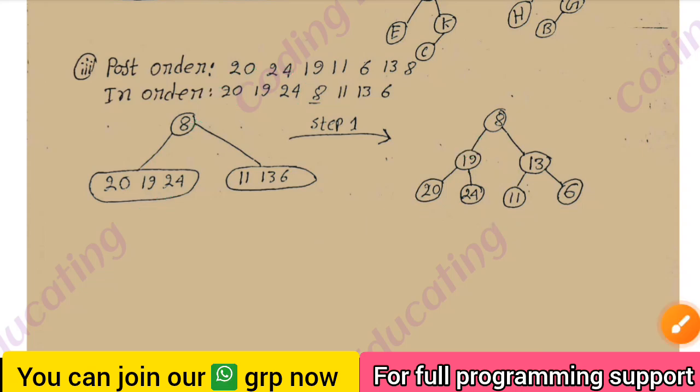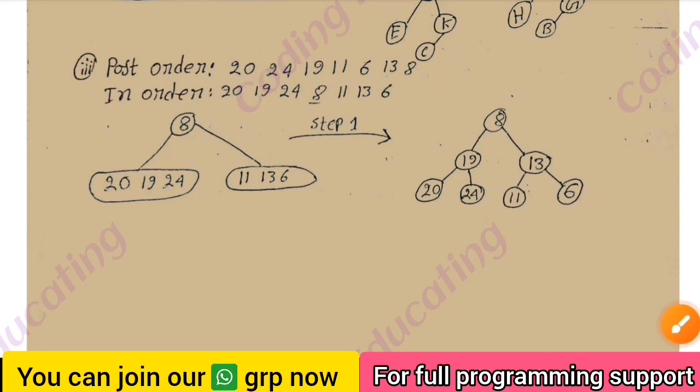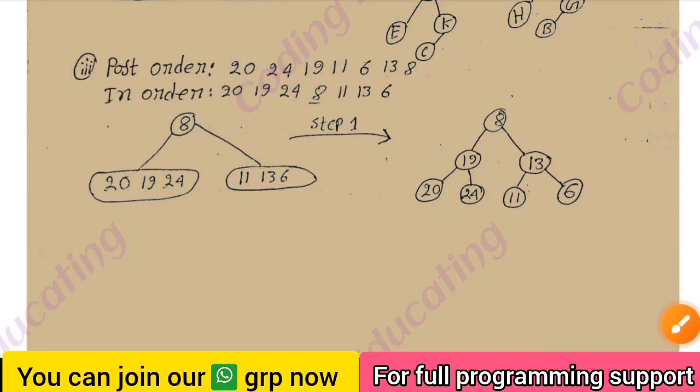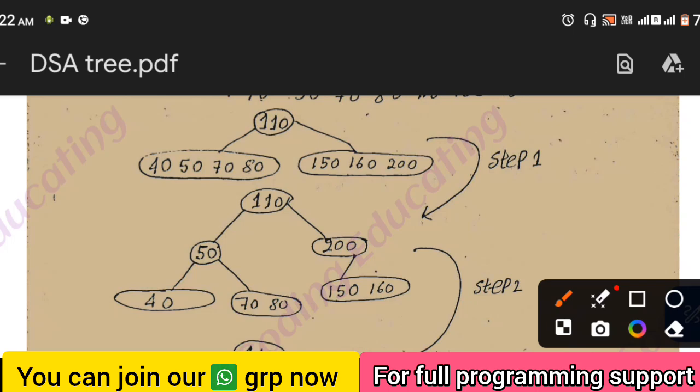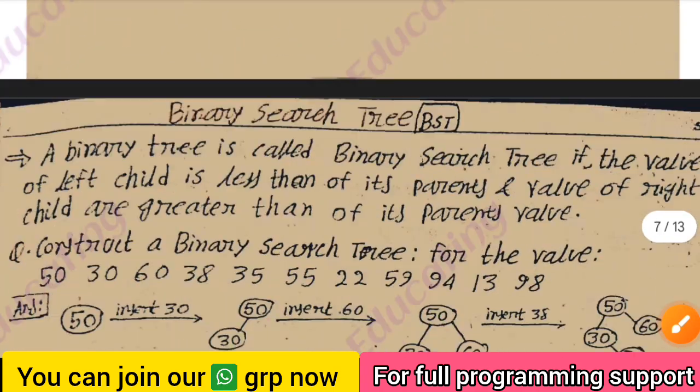It's very easy. You only have to change the collecting point, the viewing point. In post order you have to go right to left, and in pre order you have to go left to right. That's the change, but everything else is the same.